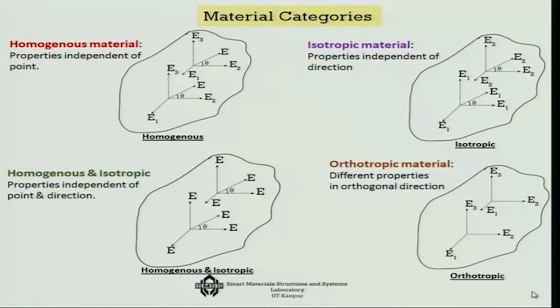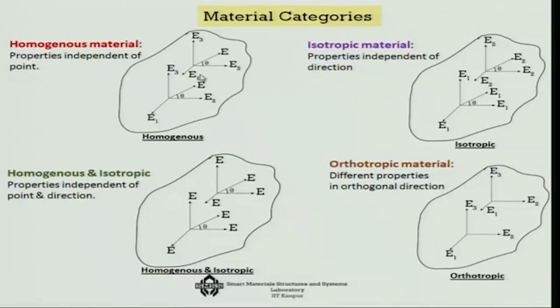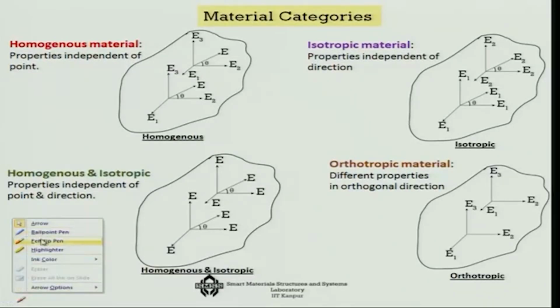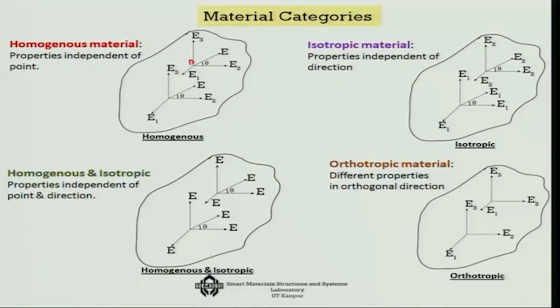Now, the other point is that the materials based on these stress strain relationships are divided into sub categories, like the homogeneous materials, for which the properties are independent of where I am measuring the property. That means, here you get a property and here you get a property, but it varies from direction to direction. In one direction it is E1, in another direction it is E2.